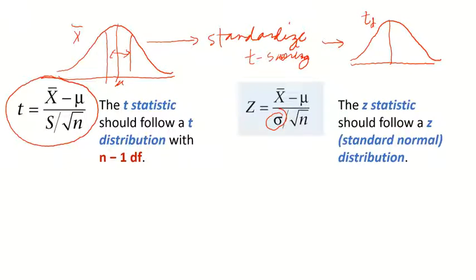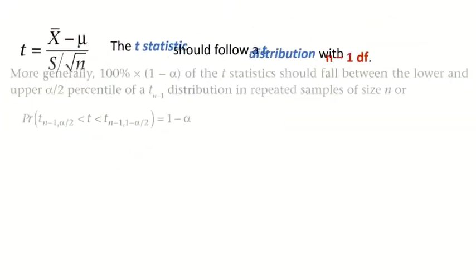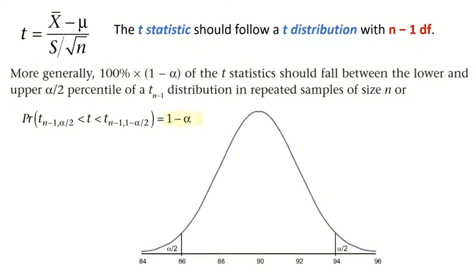That's why we have a t sub d, which is based on your number of samples. Remember, the degree of freedom is n minus 1. Just like the standard normal distribution, the total area under the t-distribution is 1 or 100%.